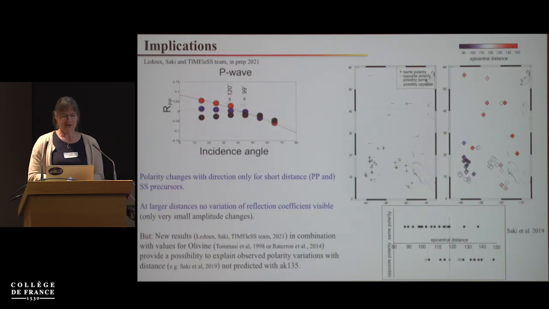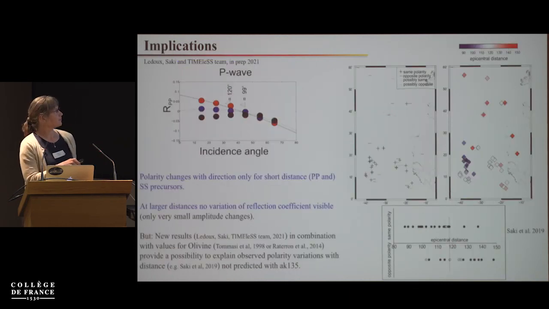The implications of these results are that, yes, we do have polarity changes with direction for short distance PP and SS precursors, but at larger distances we have no variation of the reflection coefficient, so we can't really use this to determine the anisotropy in a transition zone.